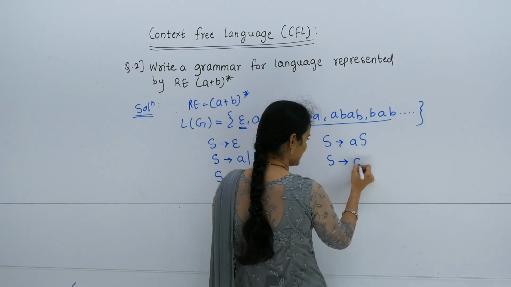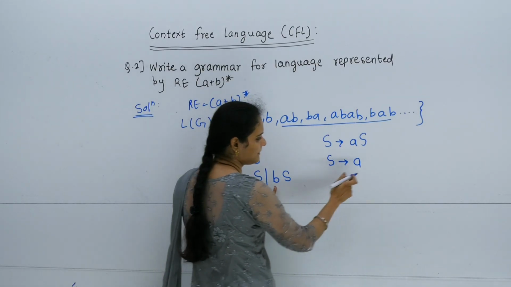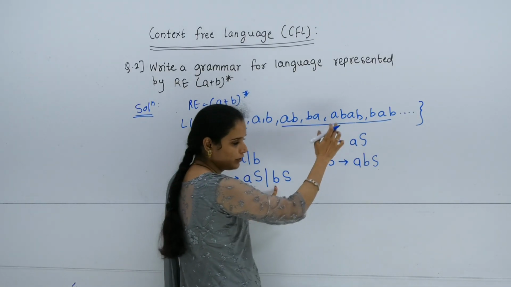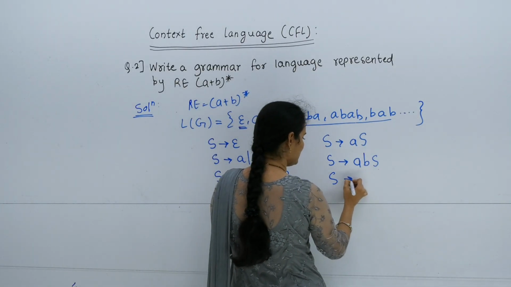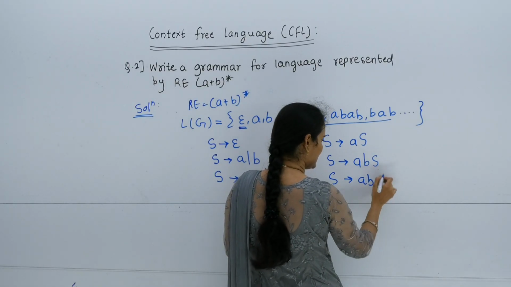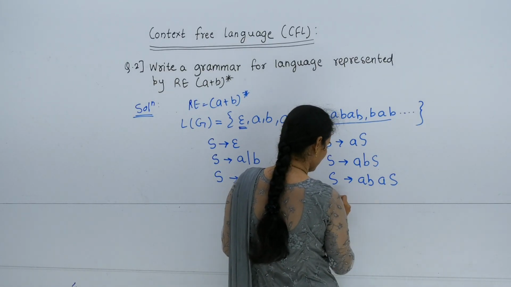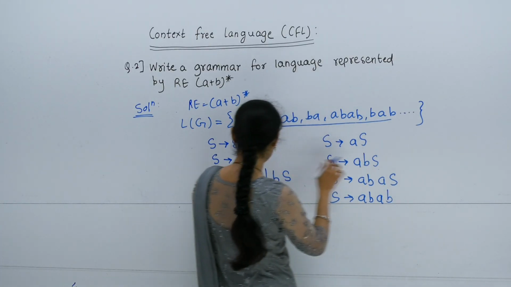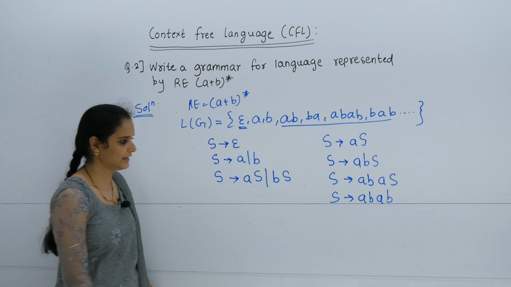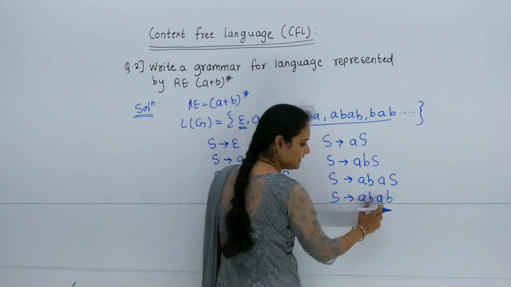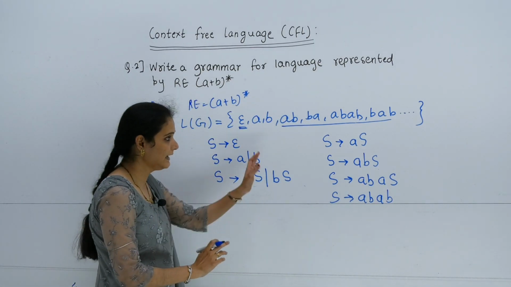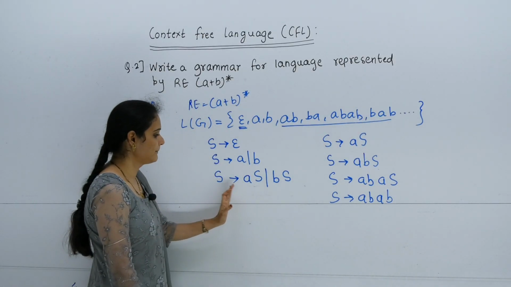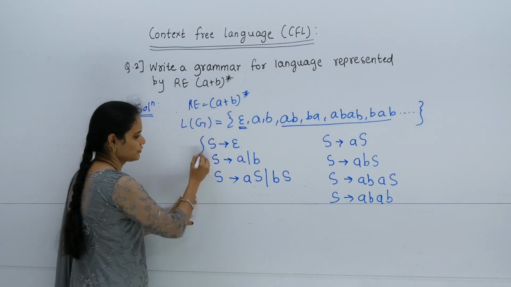Therefore S can be replaced by bS, giving ab. Now again S can be replaced by b, so we have obtained the string ab. Likewise, any combination of a's and b's can be accepted by using these production rules.